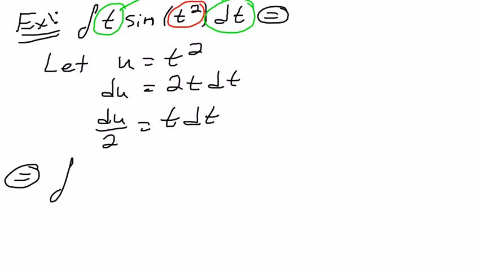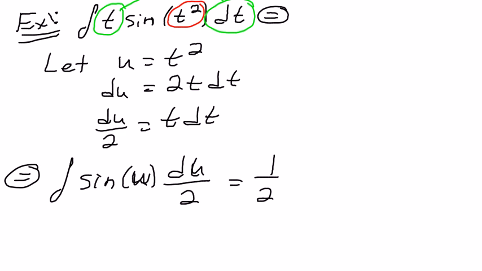We're going to go back to our integral and plug that in. So now we're just going to have sine of u times du over 2, which is going to give you 1/2, because you can bring the 2 out in front. The antiderivative of sine of u is going to be negative cos of u plus c, because we have an indefinite integral.